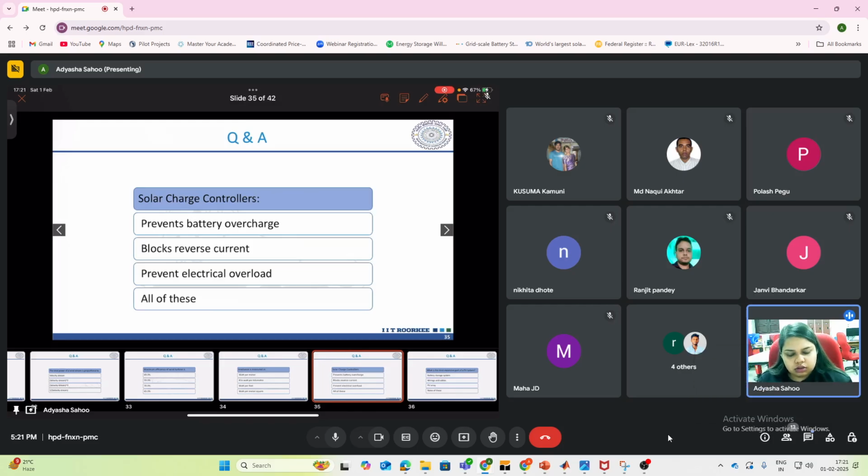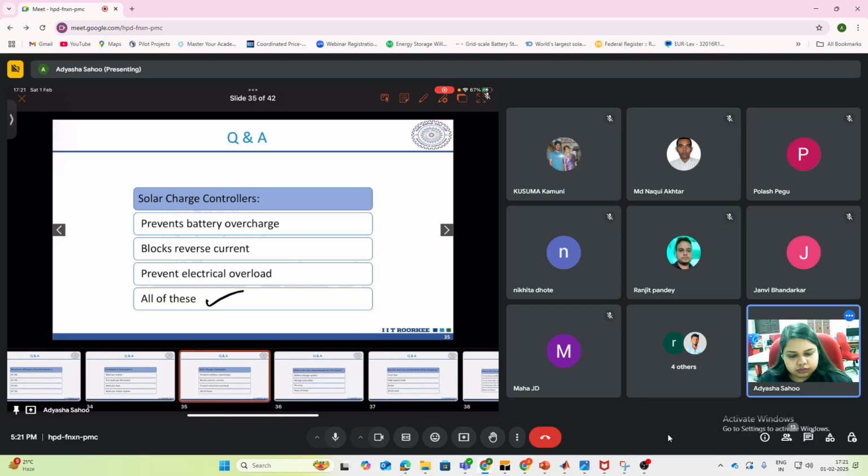Yeah, it does all of these: protects the battery from overload and overcharging, and blocks the reverse current path also.